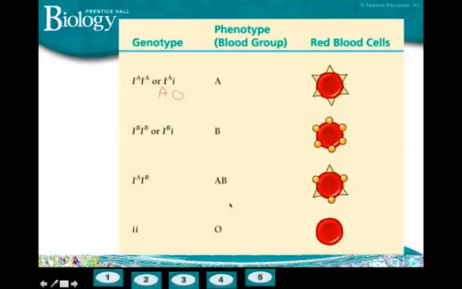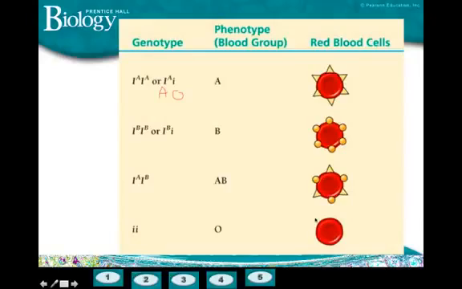Type AB blood has both types of proteins. What's interesting about that is that type AB blood could receive type A, type B, or type O. Type O blood, the only way you get that is by inheriting both of those recessive alleles, or OO, if you will. I know it says lowercase i, but that's just the allele that stands for type O blood.